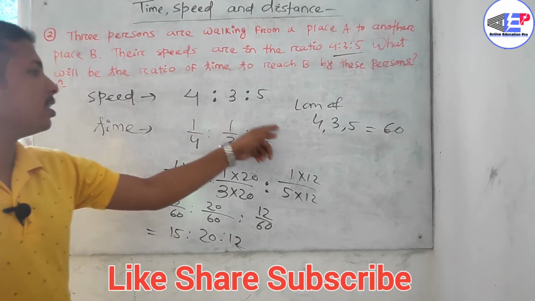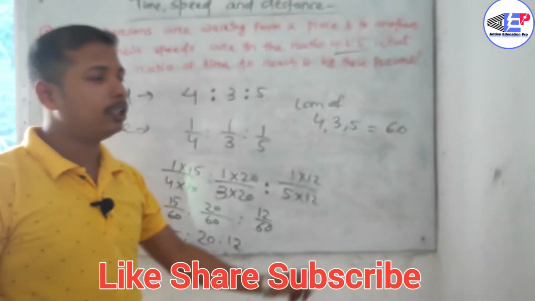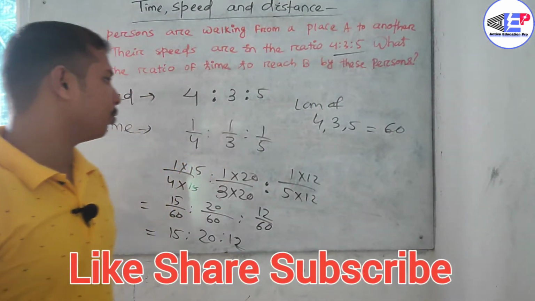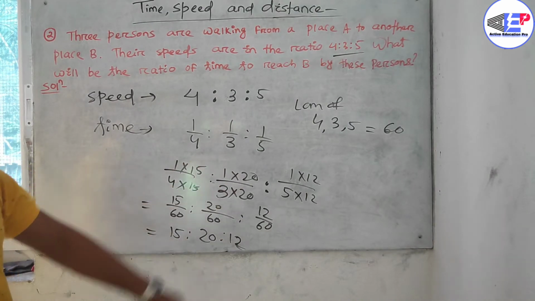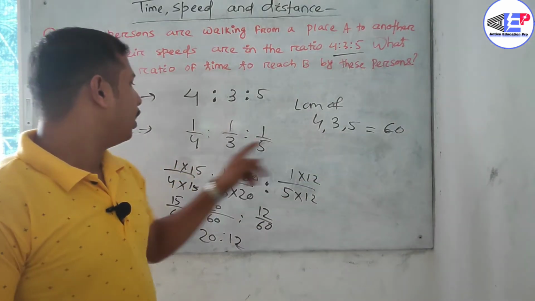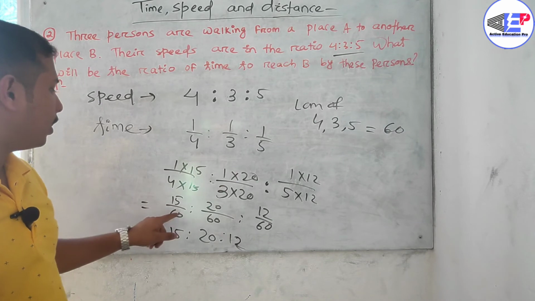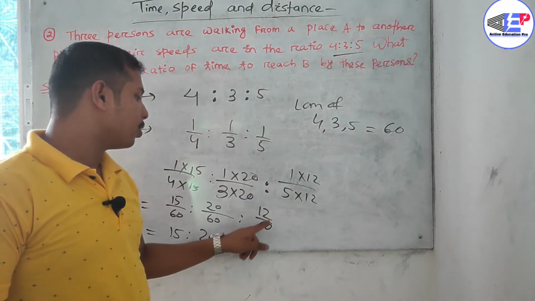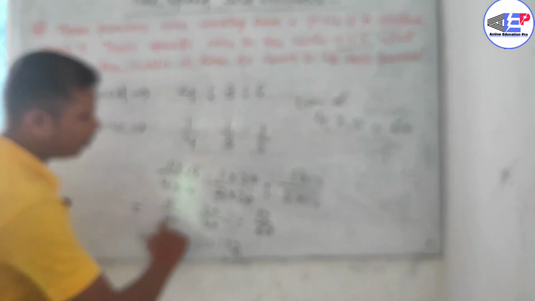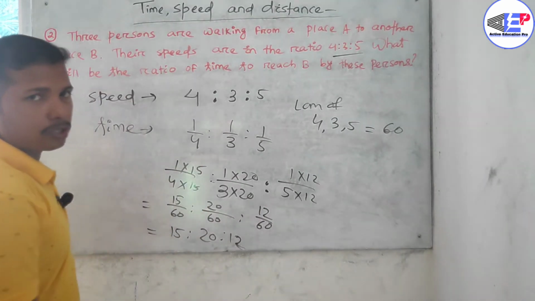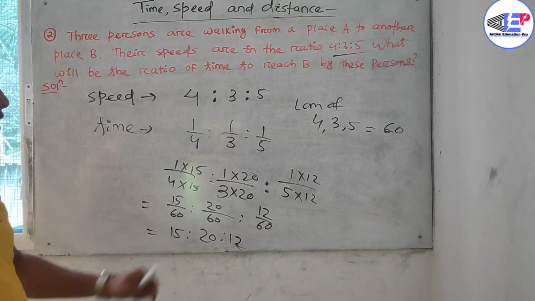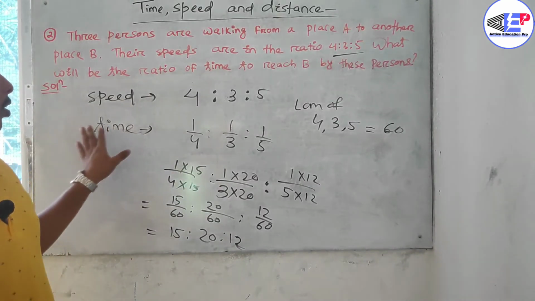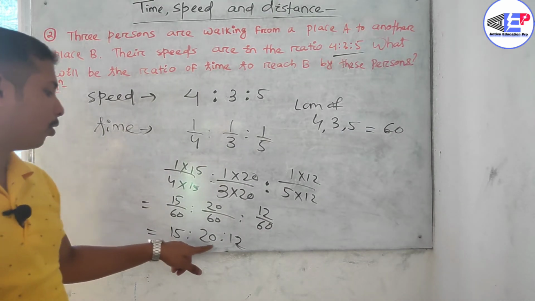Now we make these three fractions equivalent fractions with a denominator of 60. So it becomes 15 by 60, 20 by 60, and 12 by 60. Now we cancel 60, so the ratio becomes 15 is to 20 is to 12. So the ratio of their time will be 15 is to 20 is to 12.